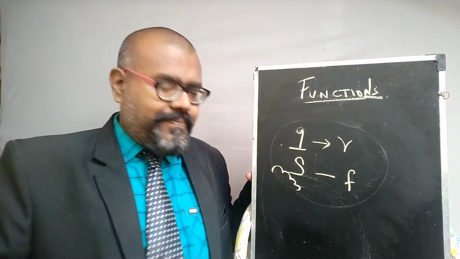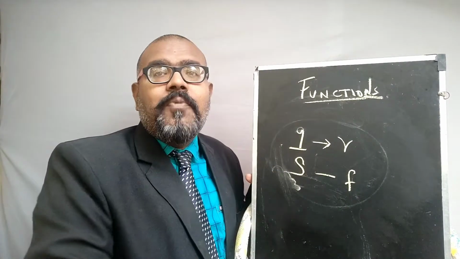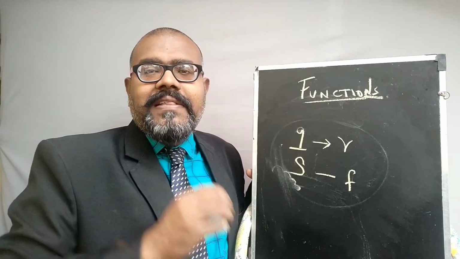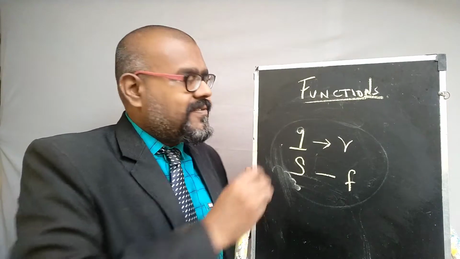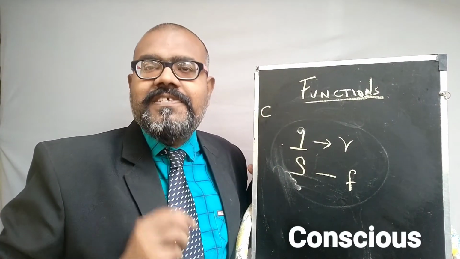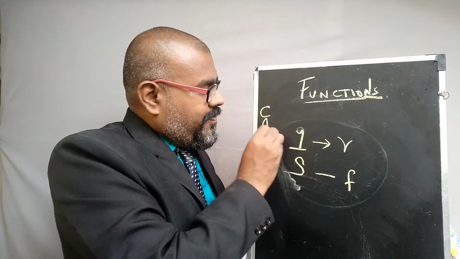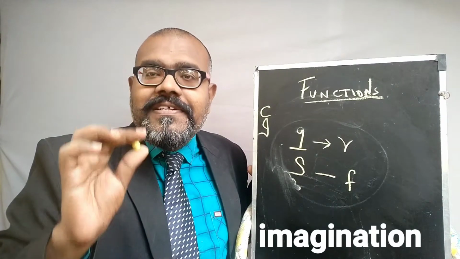Now come to the cerebrum. Of course we know that the cerebrum occupies the major portion of the human brain, and it does extraordinary functions. The first is consciousness. Your consciousness is decided by your cerebrum. Imagination is decided by the cerebrum.